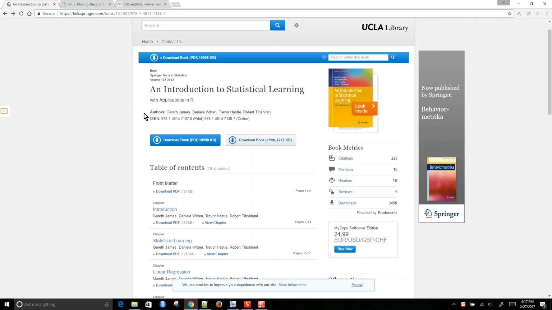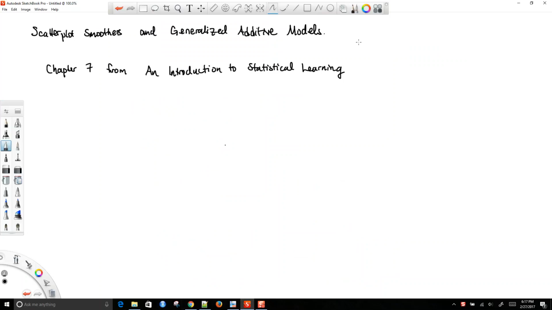You can go to Springer Link and just search for Introduction to Statistical Learning. And while you're connected to the UCLA network, you can download the book for free. Okay, when you go home, it won't let you do that, but I guess you can VPN in and then download it.